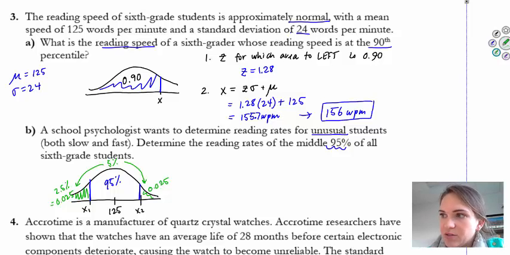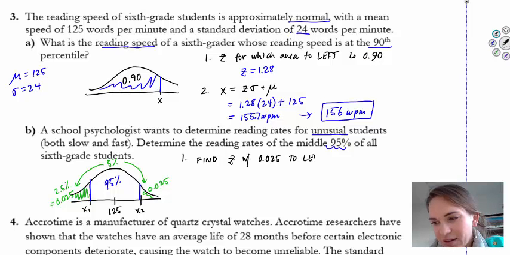So to find the z-score, we want to have 0.025 to the left of this z value. So notice that when we have our curve, we're always looking to find an area to the left that we can look up in the table.